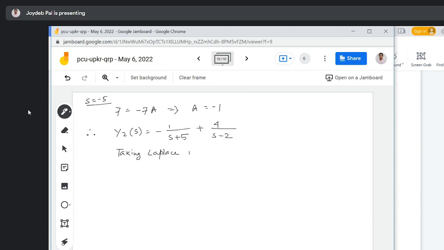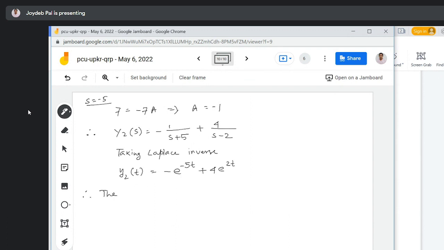Taking Laplace inverse, y2t is equal to first part this, and second part this. Finally, you write the solution.